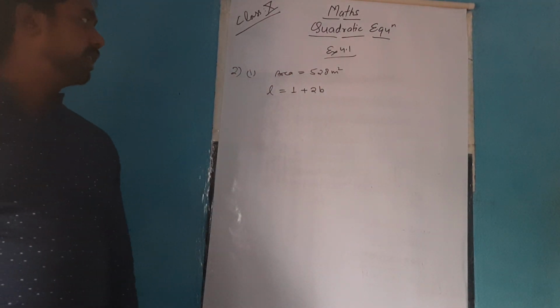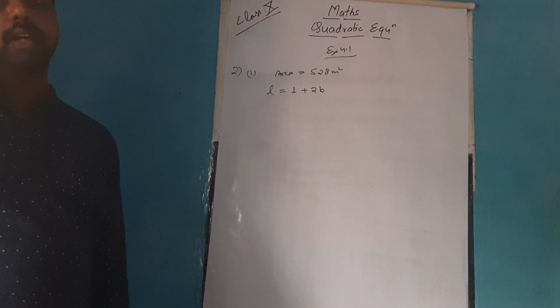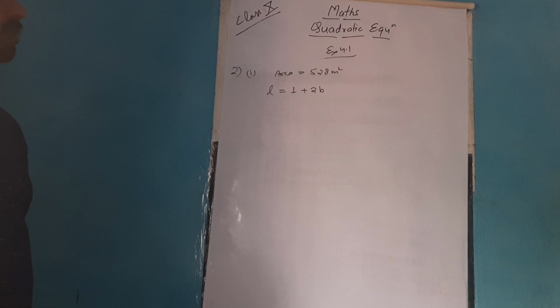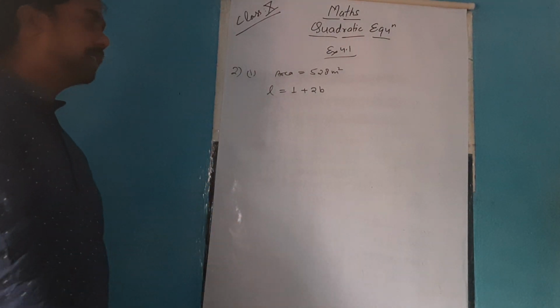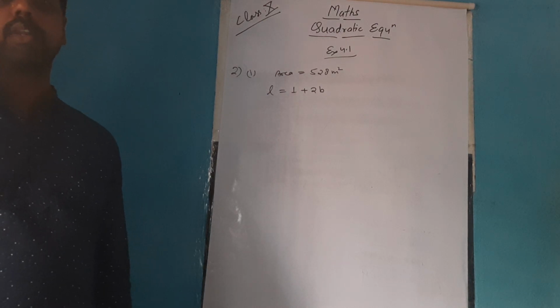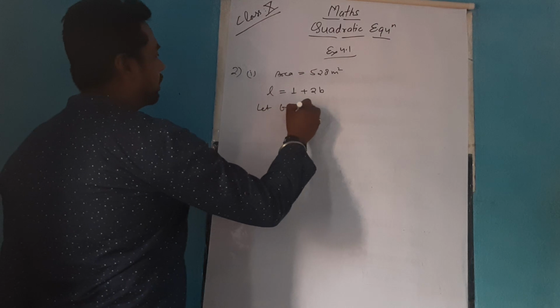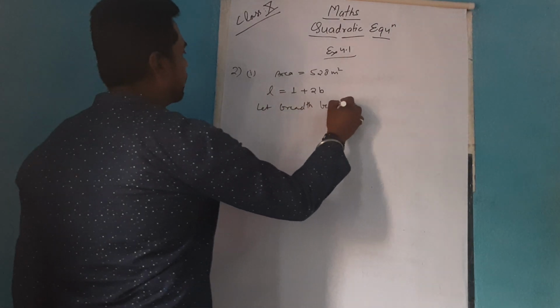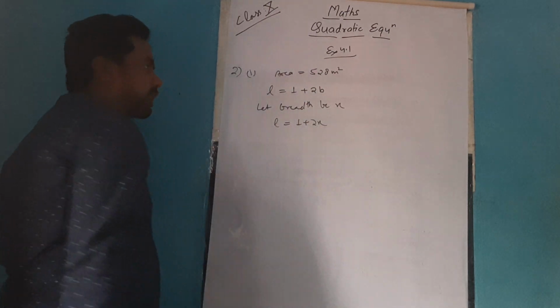So the length is 1 more than twice the breadth. We can assume either variable; we can take length as x or breadth as x. We'll take breadth as x. Let breadth be x. So length becomes 1 plus 2x.